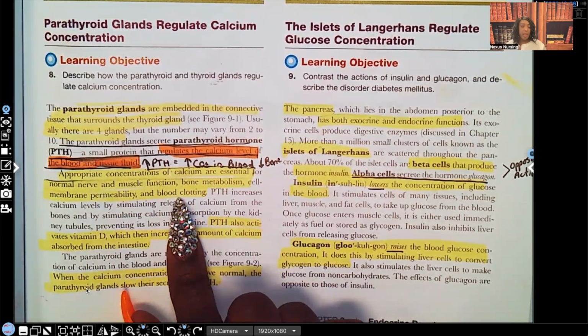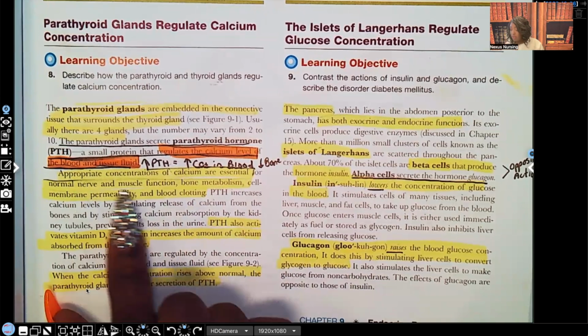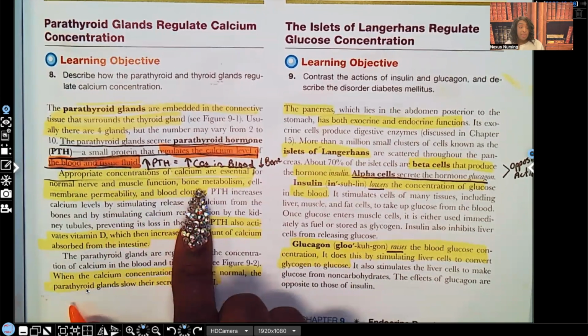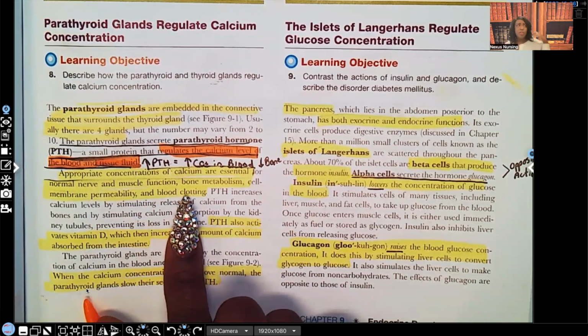This is why calcium is important. Clotting is important because if you're not clotting enough, you'll bleed to death.